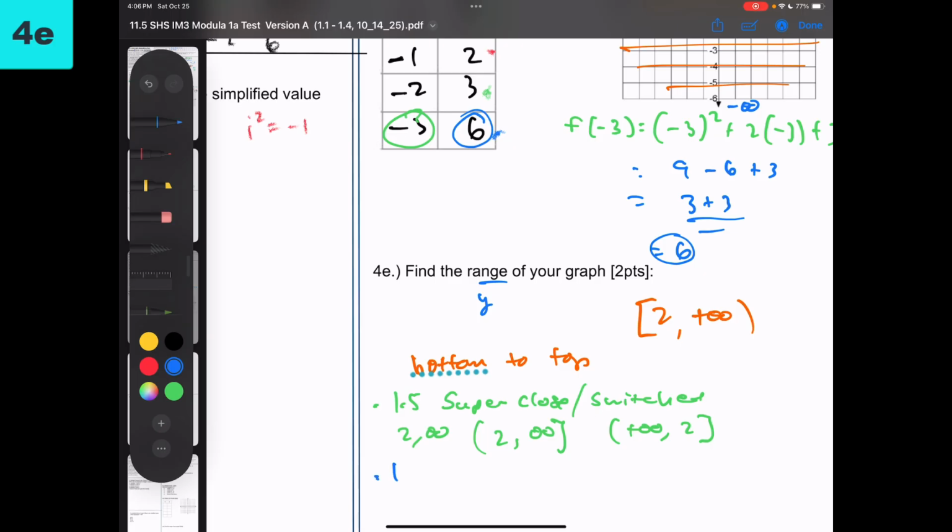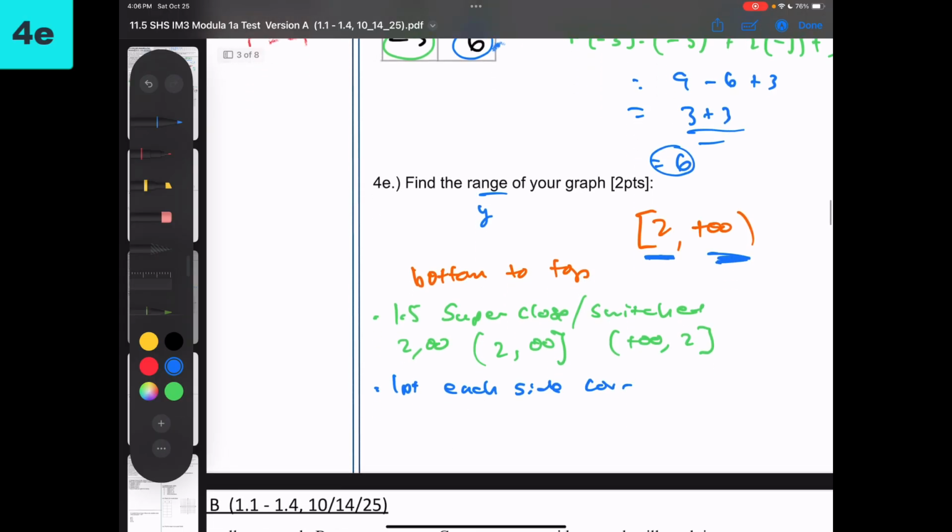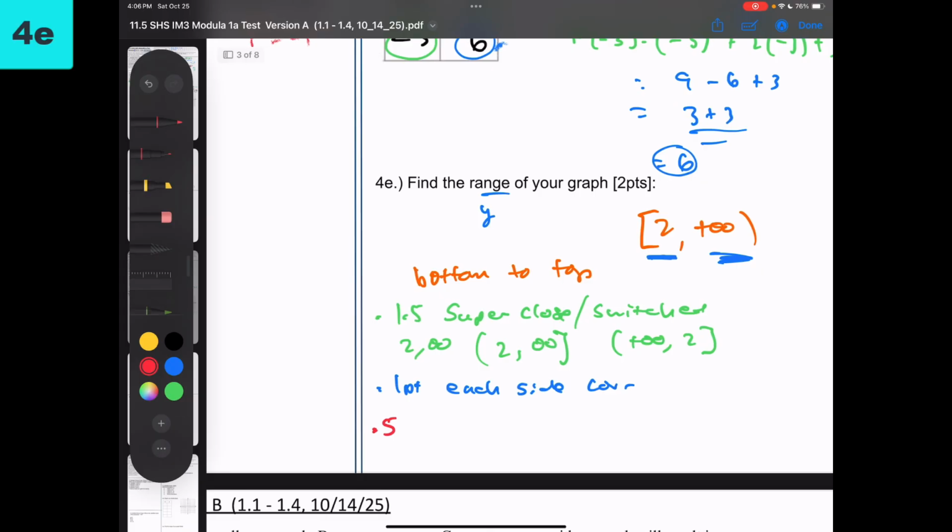Okay, you've gotten 1 point if each whole side is correct. So if you've gotten, like, say, bracket 2 on the left side, or positive infinity parenthesis on the right. And then half a point if maybe on the left side you had negative infinity, no parentheses.